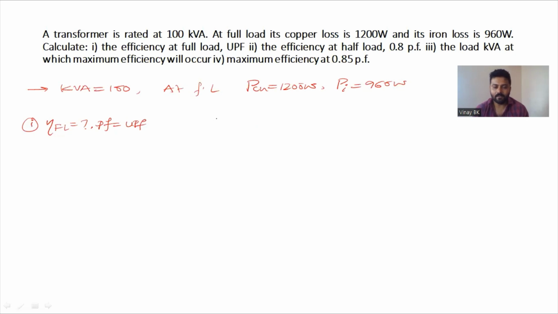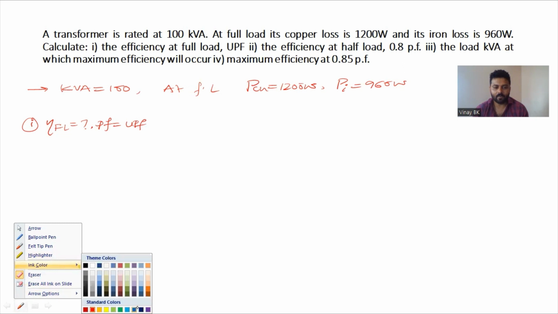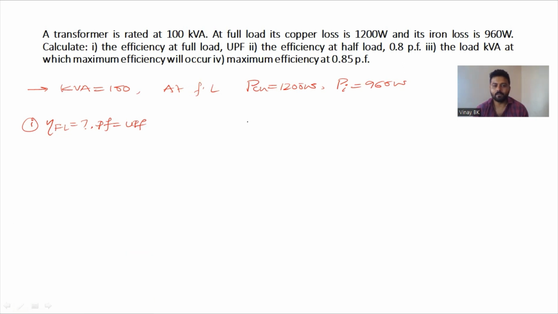You need to write the common equation for efficiency. For any load, X is nothing but the load. So the efficiency formula: eta equals X into kVA rating into power factor, divided by X into kVA rating into power factor plus total losses.